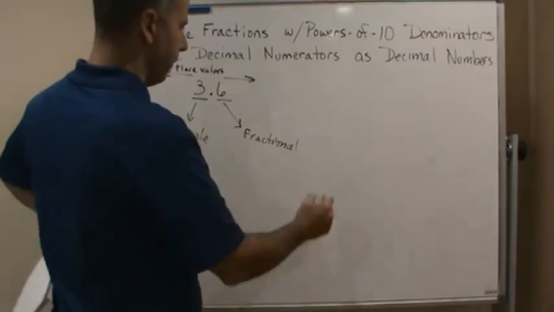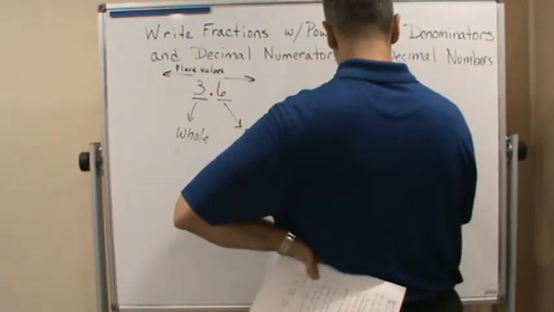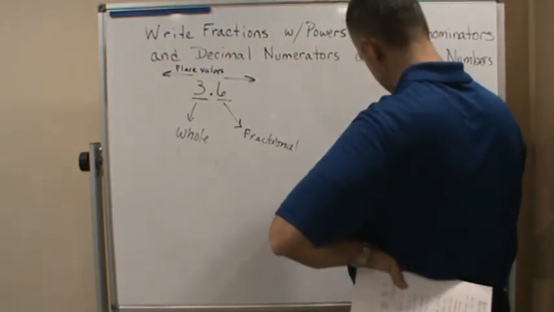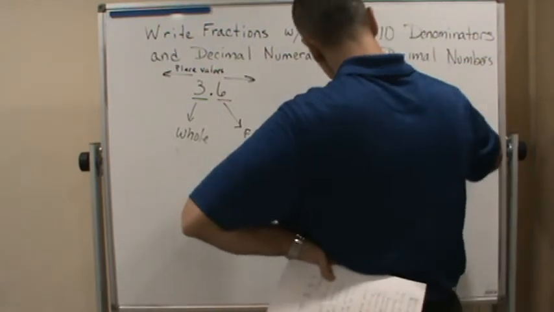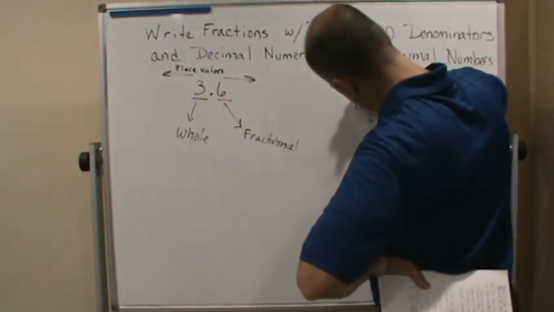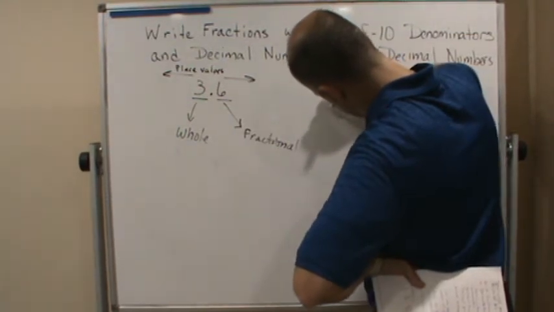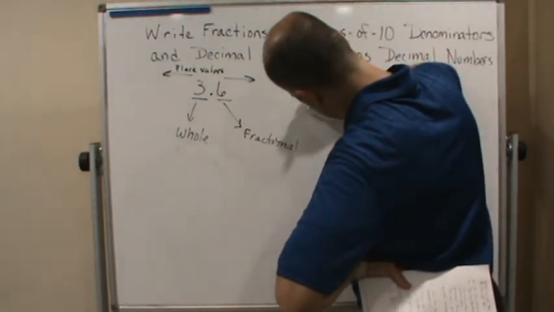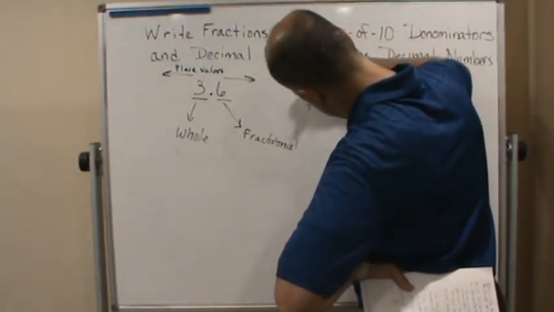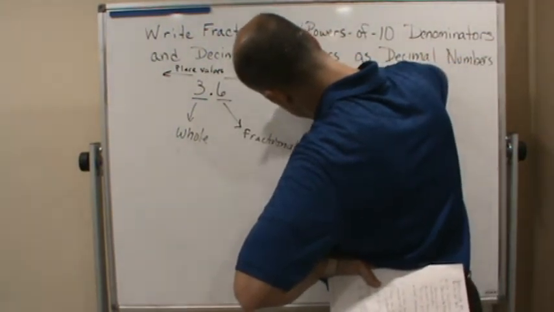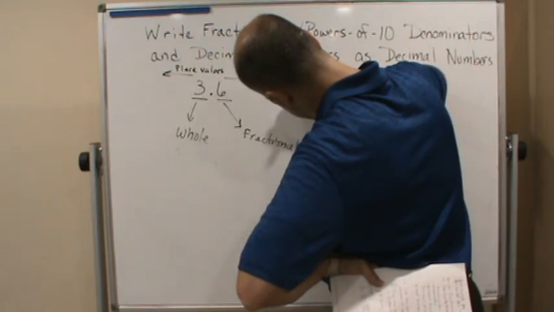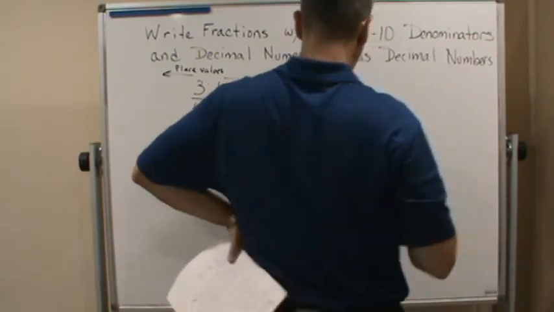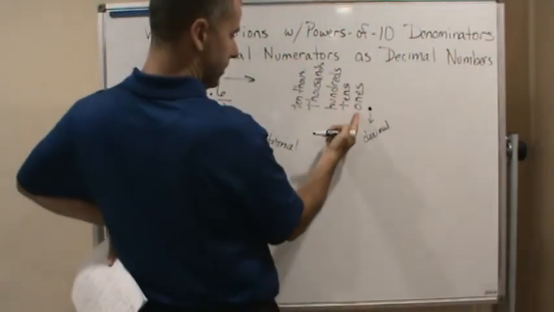So remember, if we have something like this, we have the point. So let me write this out here. So we have the decimal. On this side, we have the ones column, right?